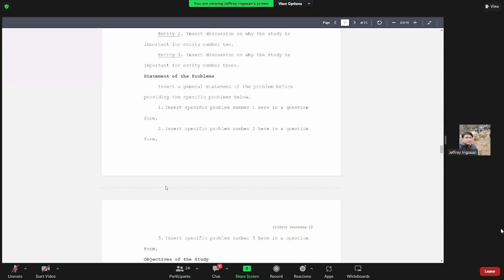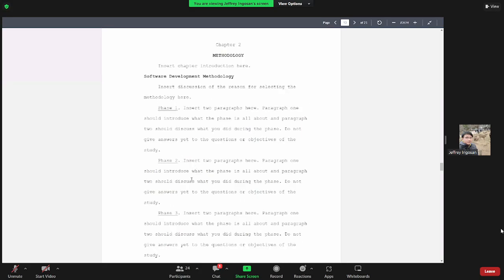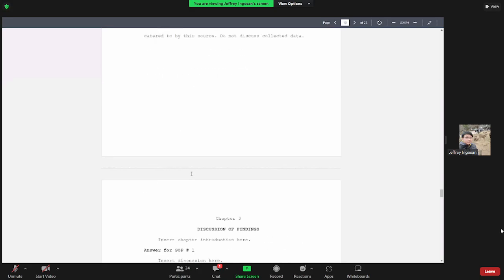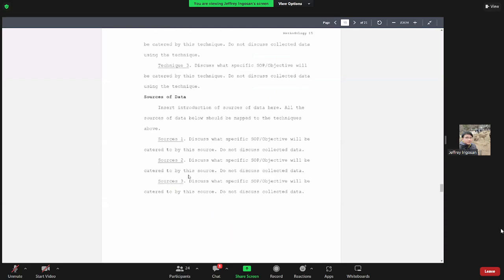Definition of terms. Chapter 2: software development methodology, design thinking process, scope and delimitation, data gathering techniques, sources of data. All these were started in your Capstone Project 1. In terms of the components, there are no changes.